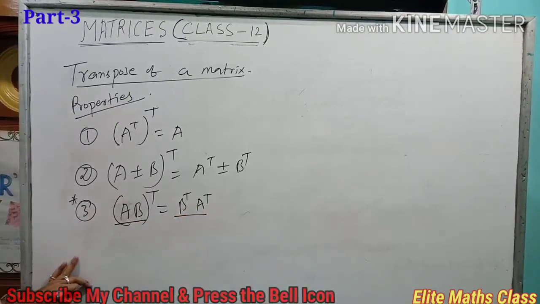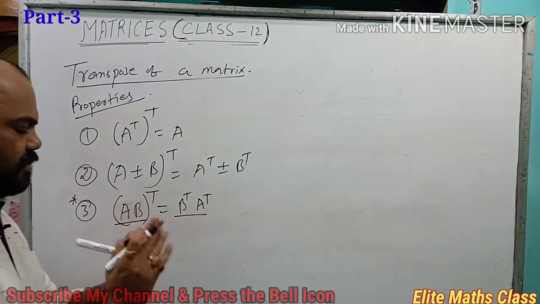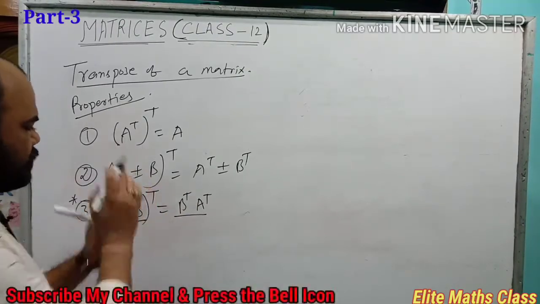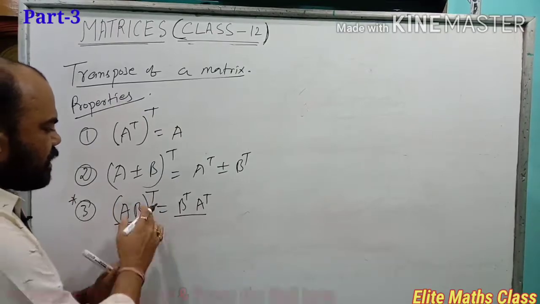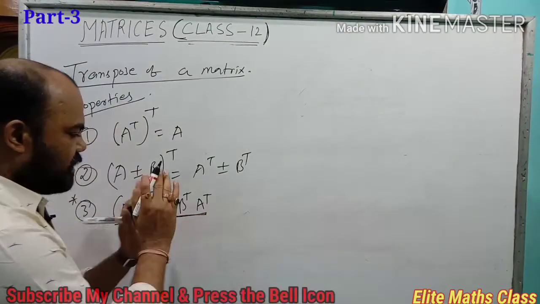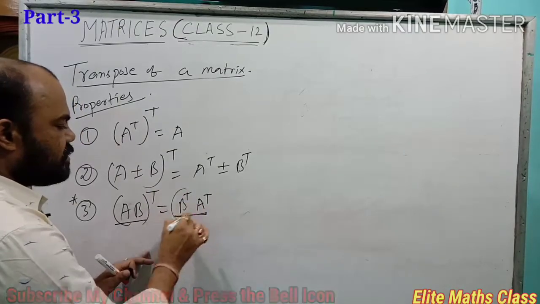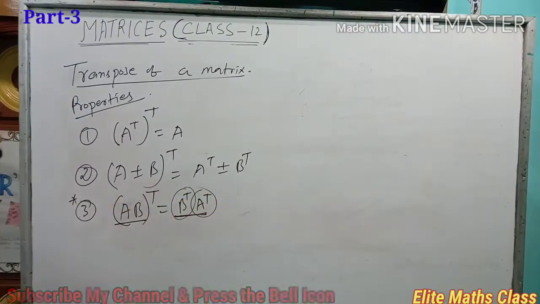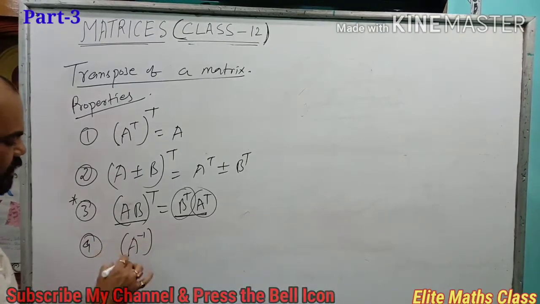Simple relation. Just remember that when the transpose of a product of two matrices is taken, it is exactly equal to, in reverse order, taking their transposes and finding the product.